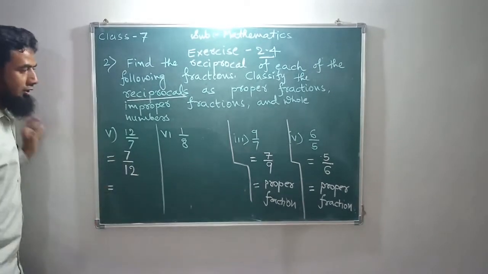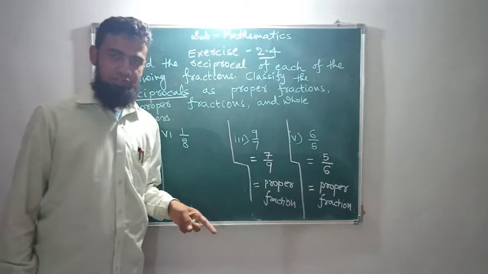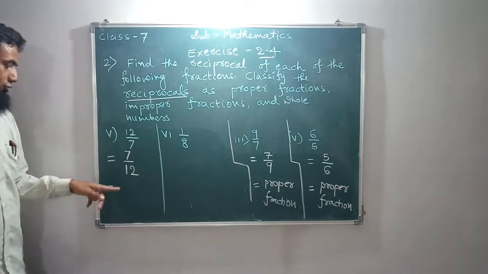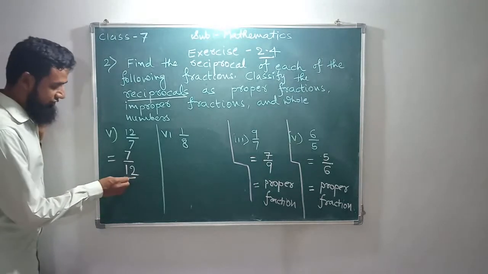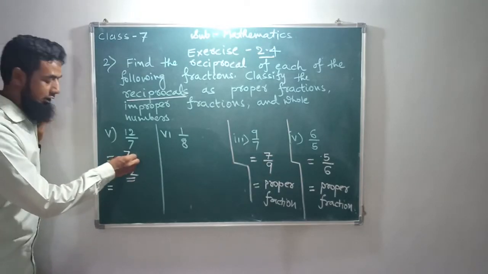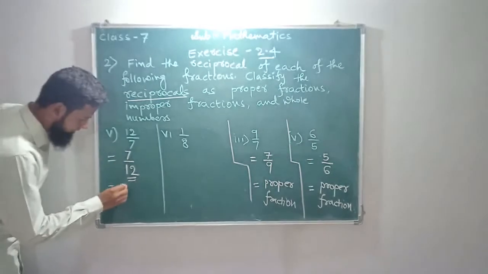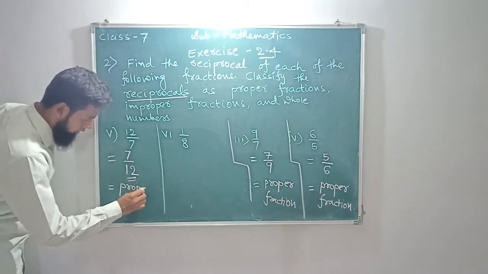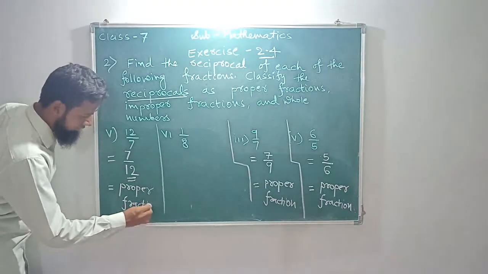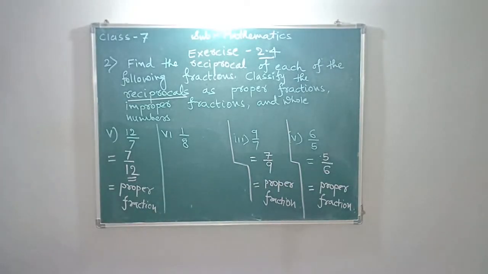Well, tell me, which type of fraction? Proper fraction, improper fraction, or whole number? So tell me, this denominator is a higher value compared to the numerator value. So it is also a proper fraction. Understood?